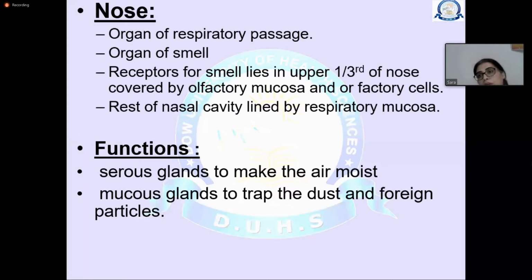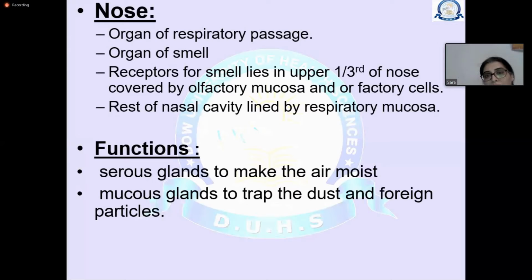Basically, nose is the organ of respiration, and since it inspires air, it has those special sensory organs for olfaction, that is sense of smell, where it has the reception for the sense of smell. Along with that, it has a function of humidification of air, the filtration of the air that we breathe by the hair that are present within the nasal passages, the initial part of the respiratory passage.